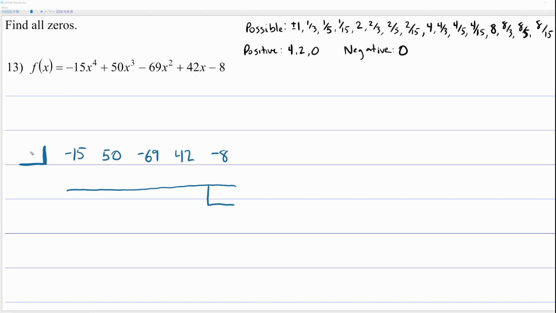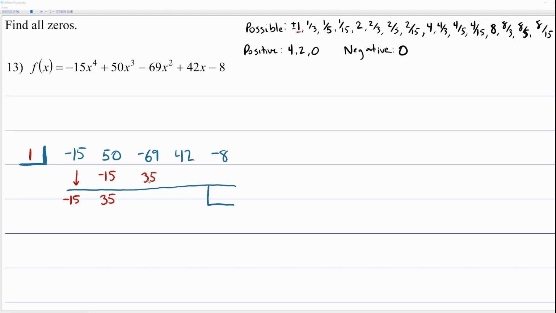So eventually you would try the number 1 because, well, the number 1's in our list. So let's go through the synthetic division algorithm. Hopefully these numbers don't get too big. So we have negative 15. Negative 15 times 1 is negative 15. 50 minus 15 is 35. 35 times 1 is 35.